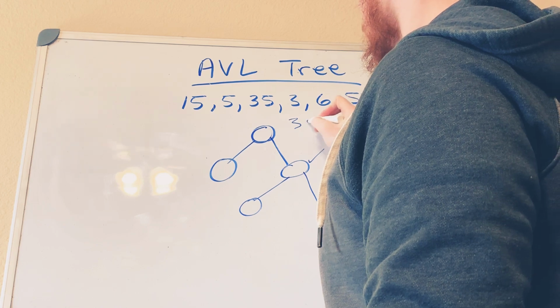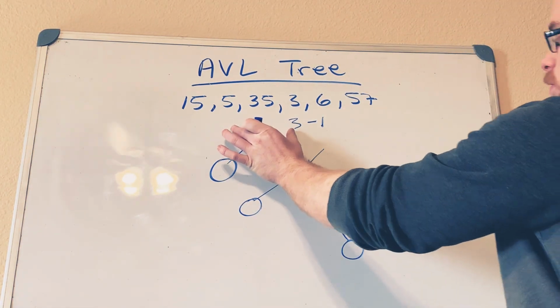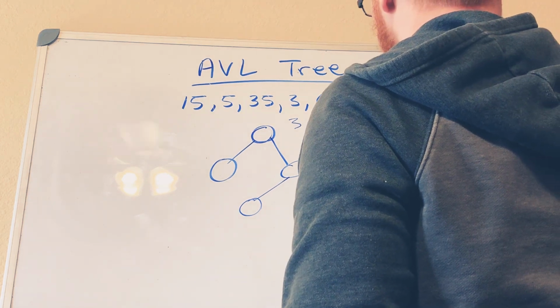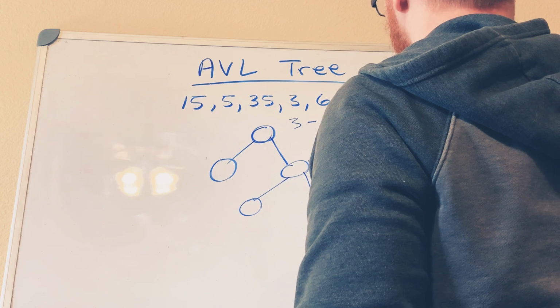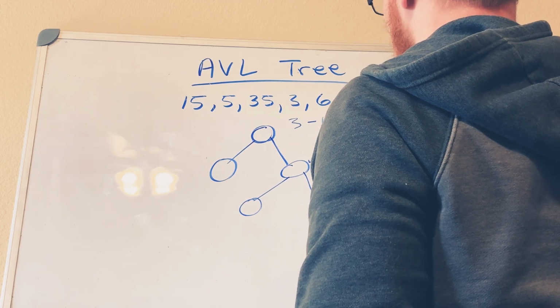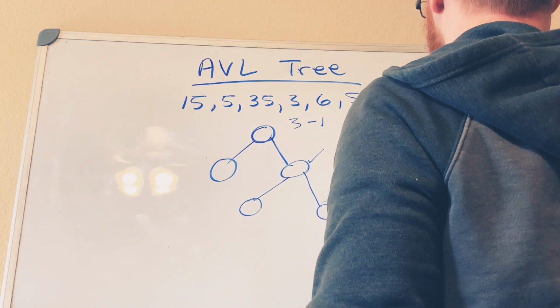Now why did I do 3 minus 1? Because to check the balance of a tree, the balance is the height of the right minus the height of the left.